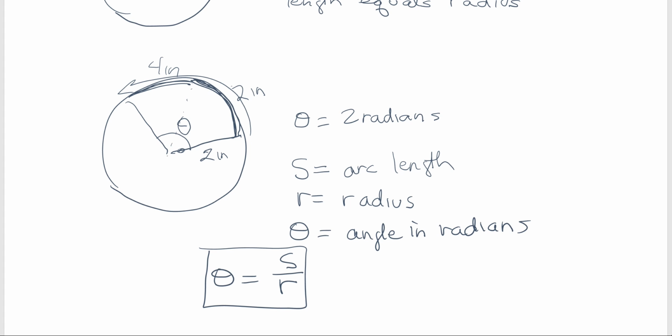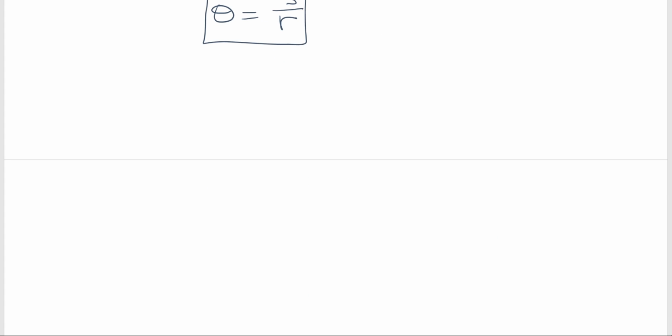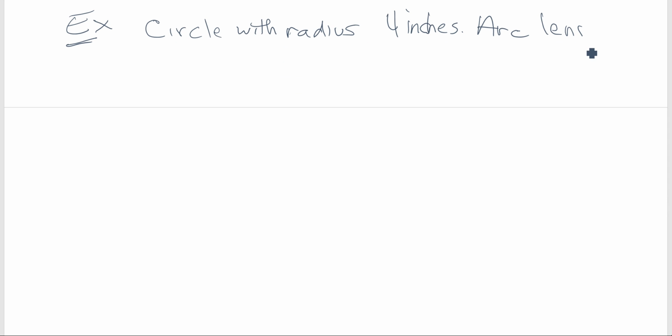And so let's look at another example. This time, let's say that I have a circle with radius 4 inches. We want an arc whose length is 10 inches.